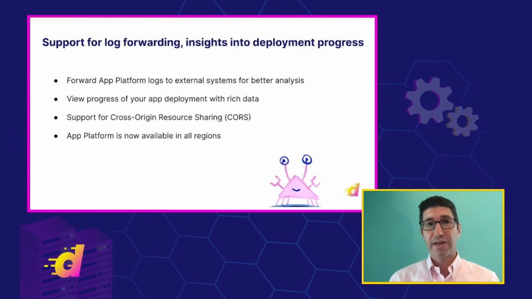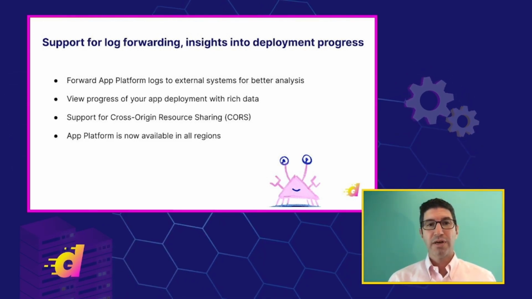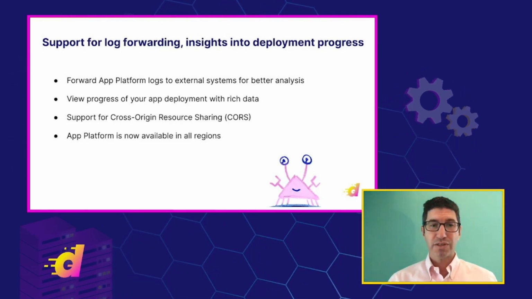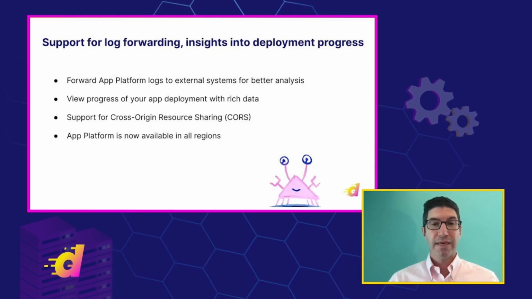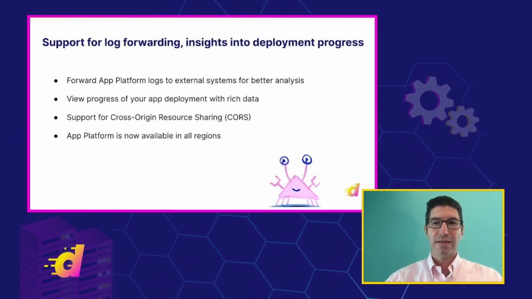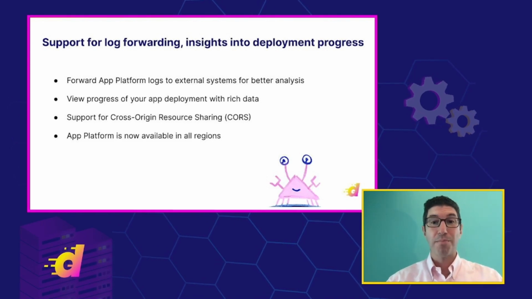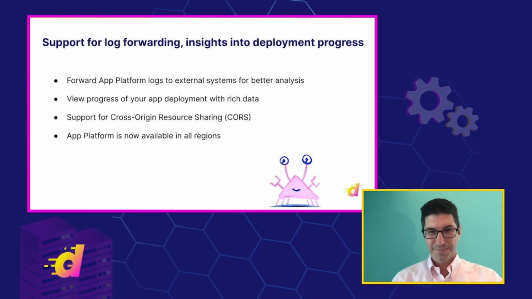You can view the progress of application deployment with rich data. We've added in support for cross-origin resource sharing, and App Platform is now available in all regions. So we really elevated App Platform to be able to give you the breadth of capability that you need in the data centers that you need in order to build out your application, your startup, your business, and your projects.